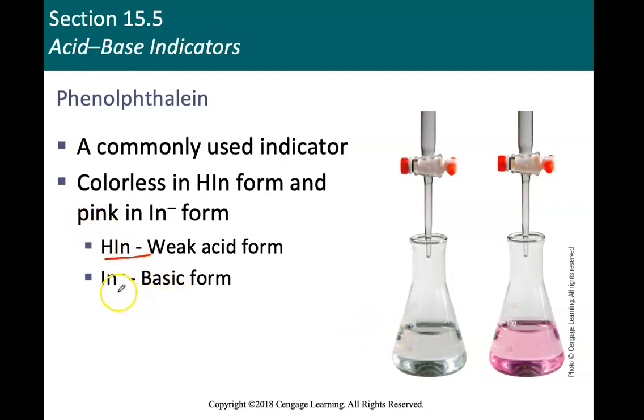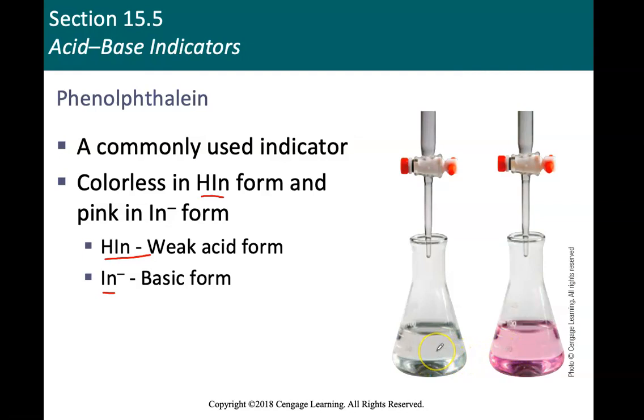In the basic form, with the loss of a proton, it provides only the anion. HIn is used as a general representation of an indicator. What we are saying is that an indicator essentially is a very weak acid which has a proton in it, and its conjugate is an ion in this case. So that's what we observe.